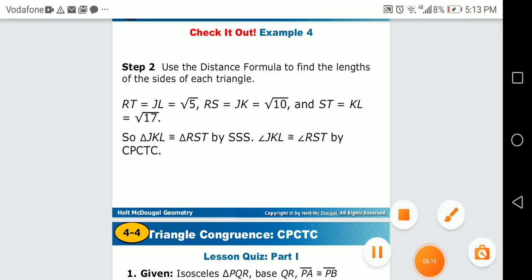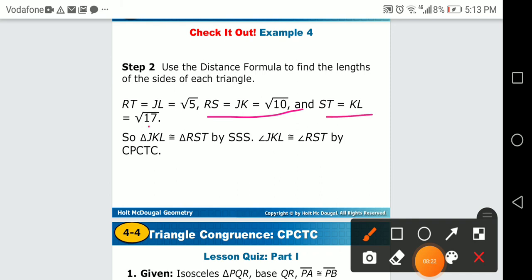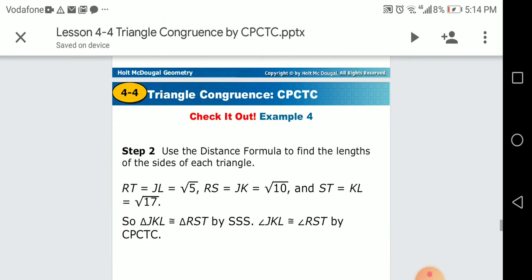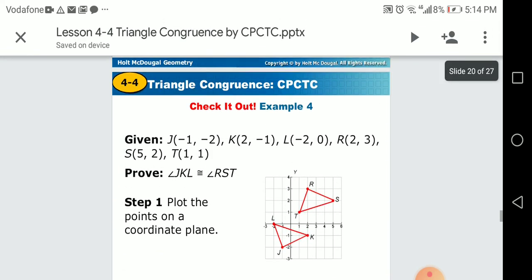After using the distance formula, you get the segments. Then if you find that the segments are congruent, therefore the two triangles are congruent. Please practice this one at home.